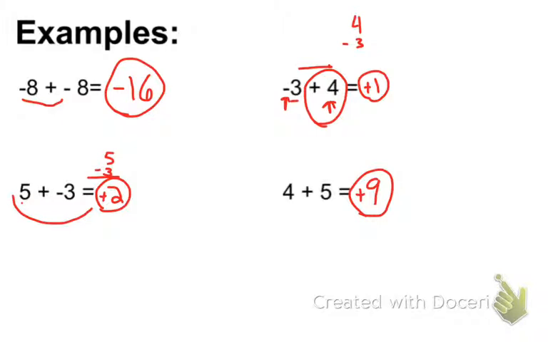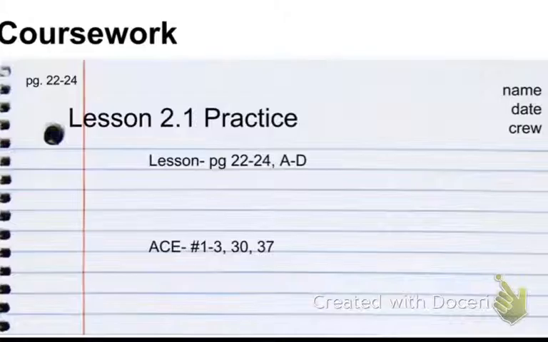All of these are examples of addition with integers. Just take a moment, look at what's going on, and remember what's actually happening here. That we're taking some positives, we're taking some negatives, and we're combining them. And some of them are going to cancel out.